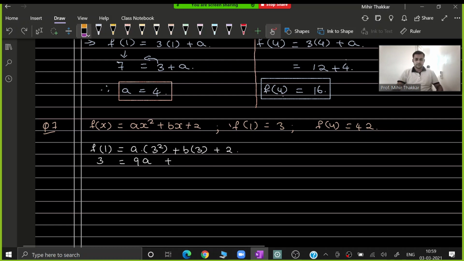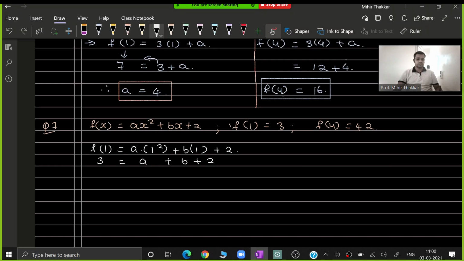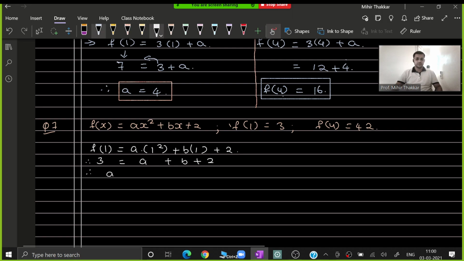I by mistake took it as 3. So it will be a into 1 square plus b into 1 plus 2. f of 1 is already given as 3. So we will get a plus b and plus 2. Take this 2 on the opposite side. So you should get this as a plus b is equal to 1. Give it as equation number 1.